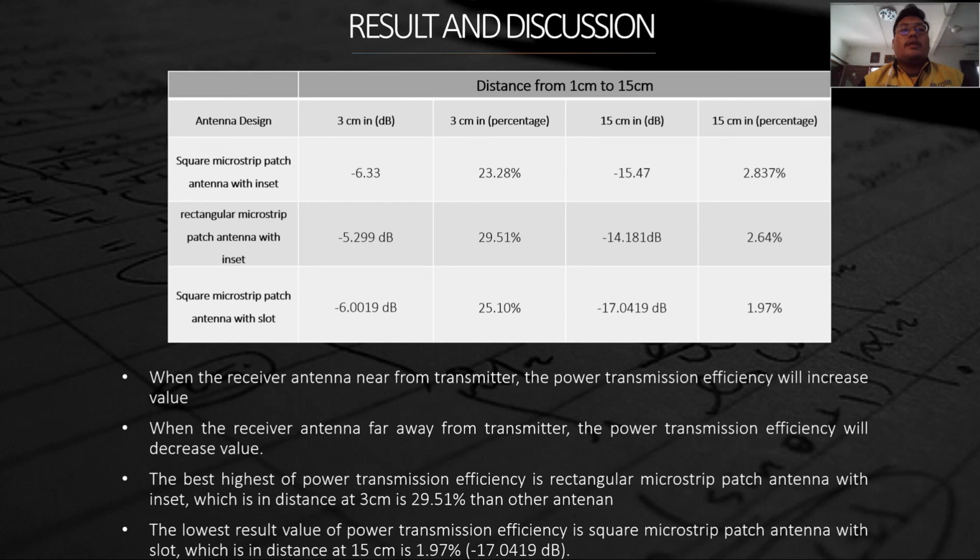The lowest is the square microstrip patch antenna with slot, because at around 50 centimeter, its power transmission efficiency is about 1.97%, lower than the other antennas.